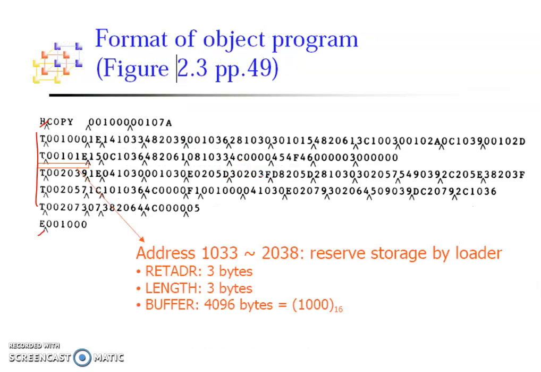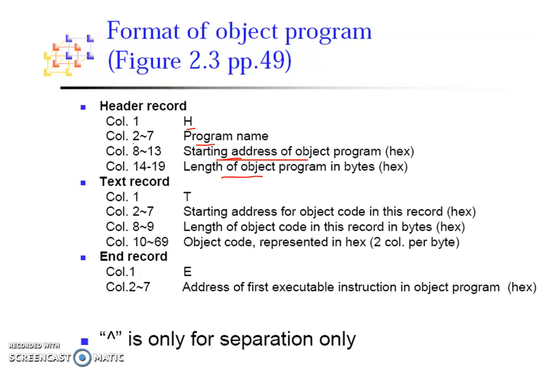So this is the header record: H followed by the name of the program. Here some spaces are left in between, isn't it? It shows that columns 2 to 7, six columns, are there to store the program name.